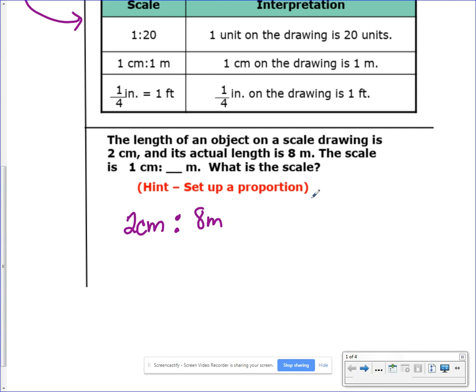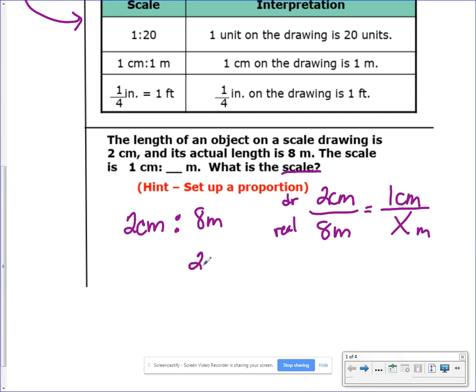So usually we set up a proportion like this. 2 centimeters, this is on the drawing, is to 8 meters on the real thing. Let's set that up to figure out when it says what is the scale, they've kind of got it set up here for you. That means 1 centimeter represents what? And you might be able to see this directly in your head.